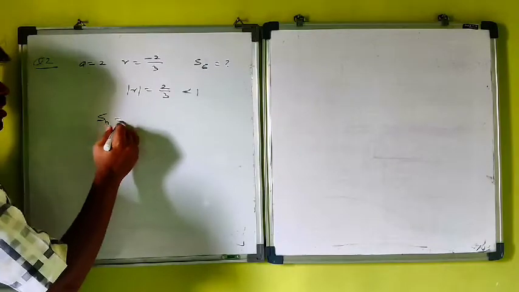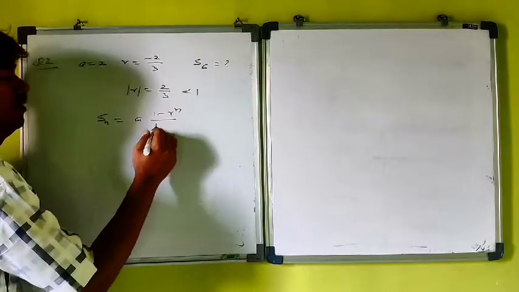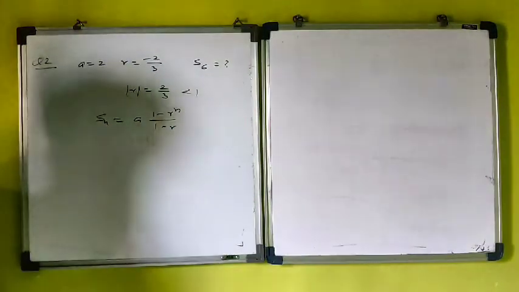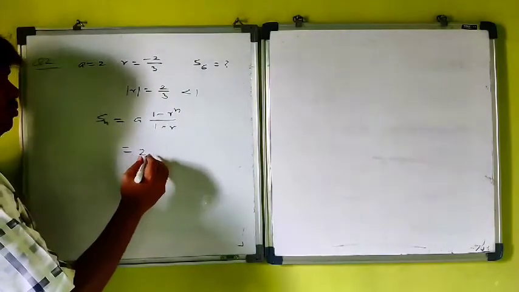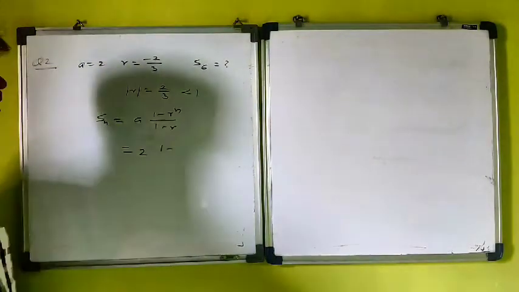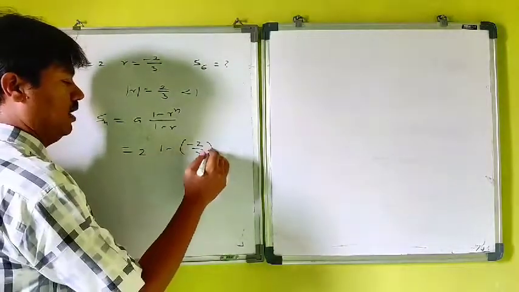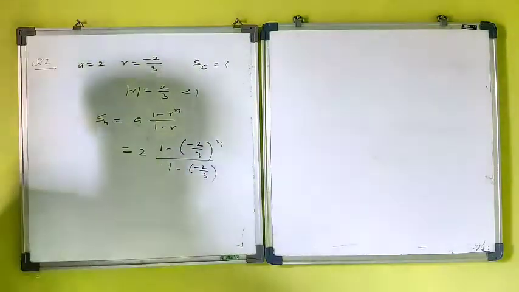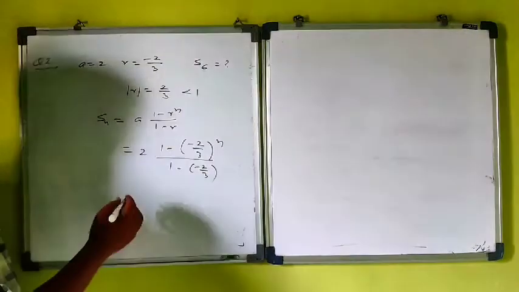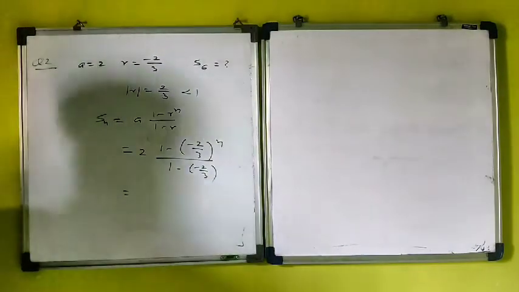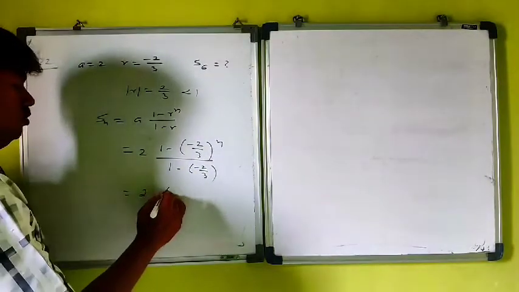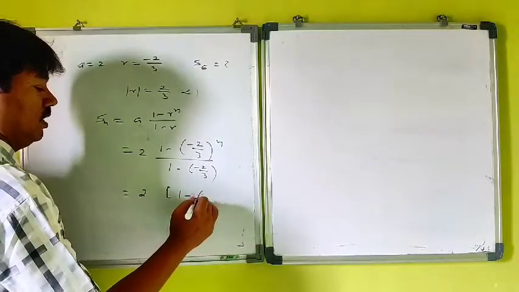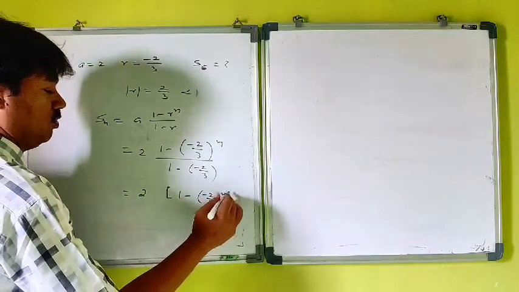So S n is a times 1 minus r to the n over 1 minus r. According to that, here a is 2, r is minus 2 by 3, so 1 minus r raised to n, over 1 minus, minus 2 by 3. So minus becomes plus. So the answer is 2 into, we keep the numerator as it is, 1 minus 2 by 3 raised to n.